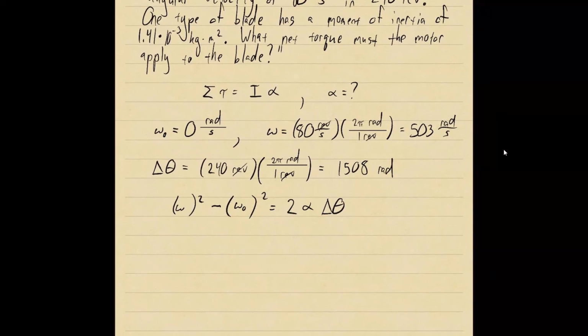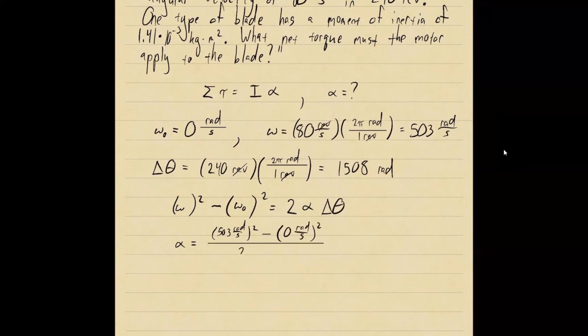So we have that our angular acceleration is equal to our final angular velocity squared, so that's 503 radians per second, squared, minus our initial angular velocity squared. Well, that's just 0, so that's pretty easy.